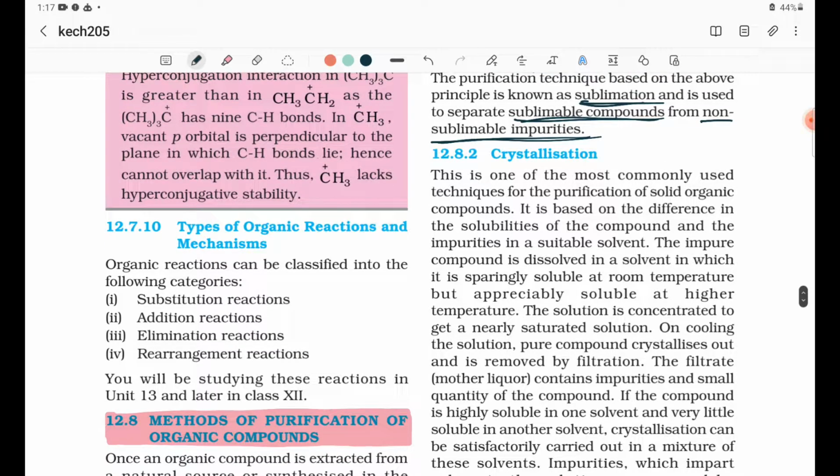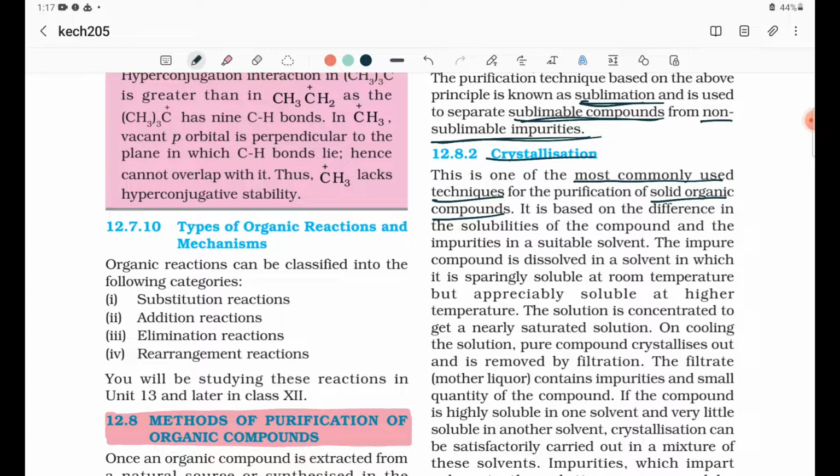The most commonly used technique for the purification of solid organic compounds is crystallization, and it is very important.